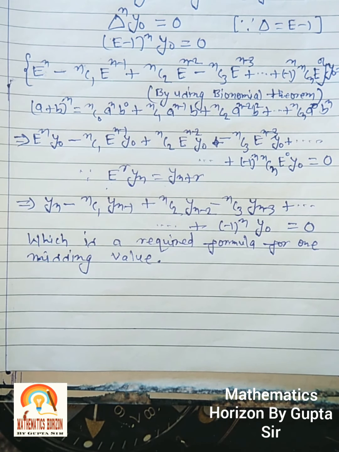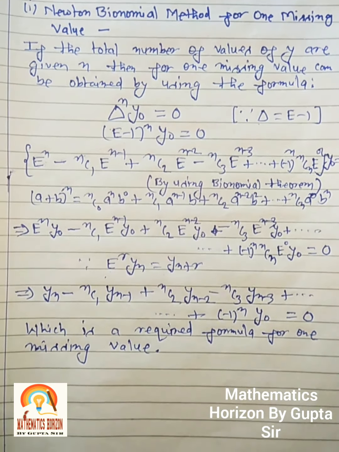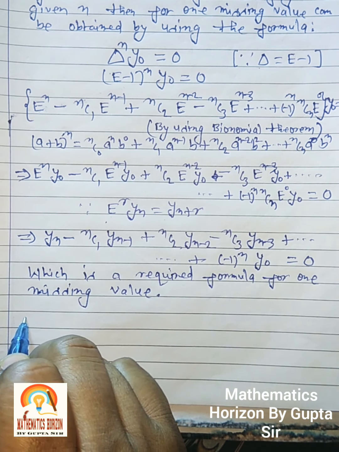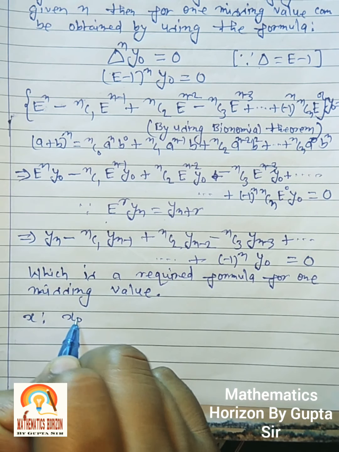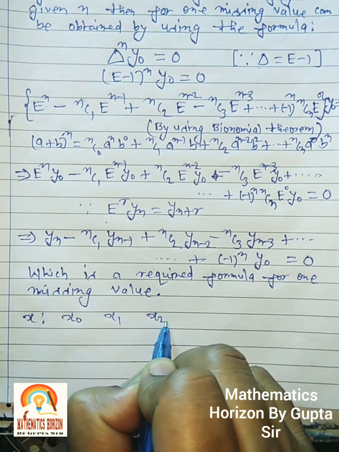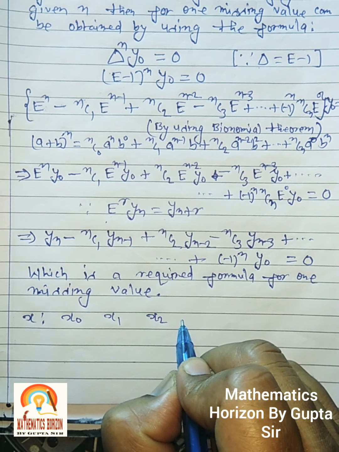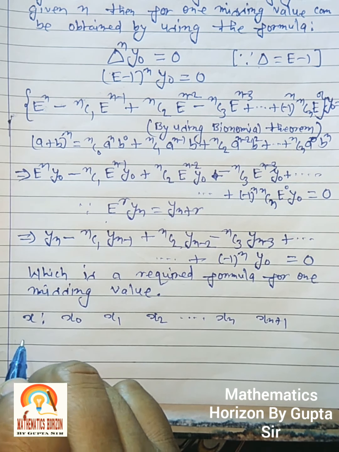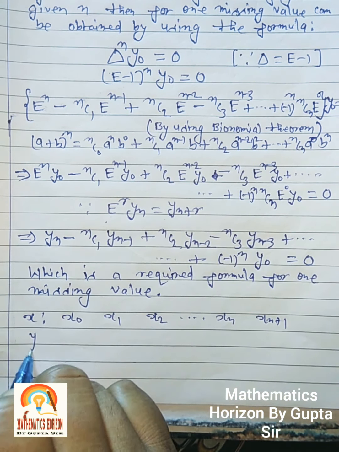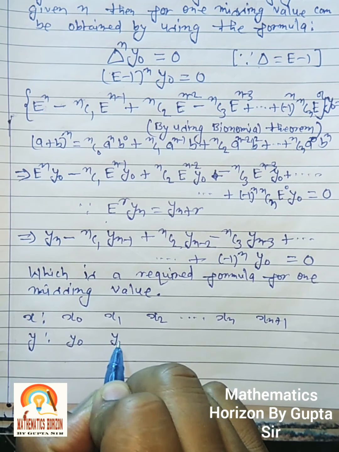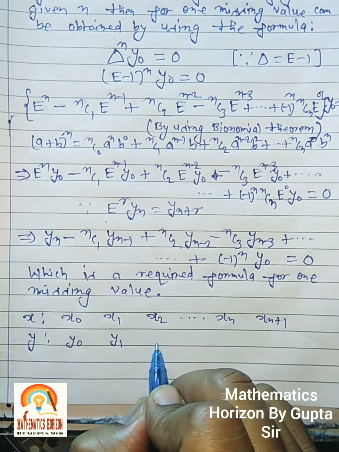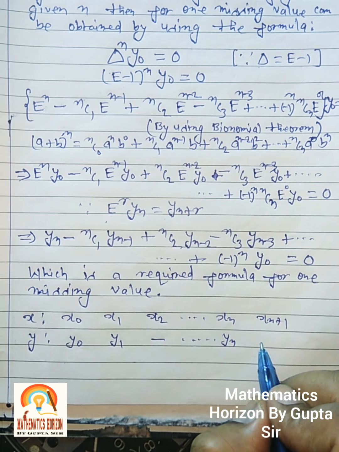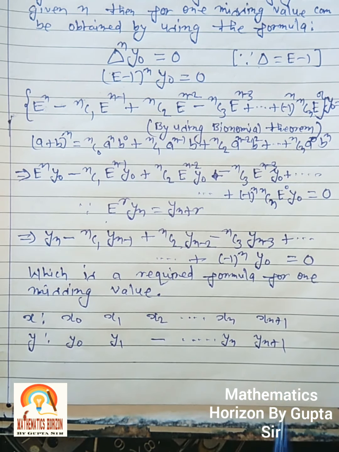In the problem we have some set of values given. Suppose we have this kind of data x0, x1, x2, up to xn, and corresponding values of y are given, y0, y1, and suppose one missing value is there, yn and y(n plus 1).